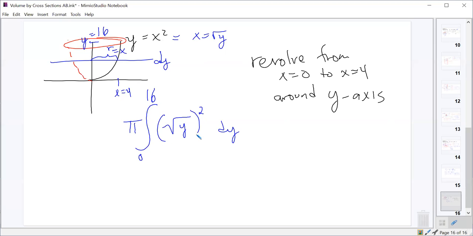So it's root y squared, or just y. So we should have pi, and like we said, root y squared is just y, so the integral of y is y squared over 2 from 0 to 16. 16 squared is 256. Half of that is 128. Minus 0 should be 128 pi.